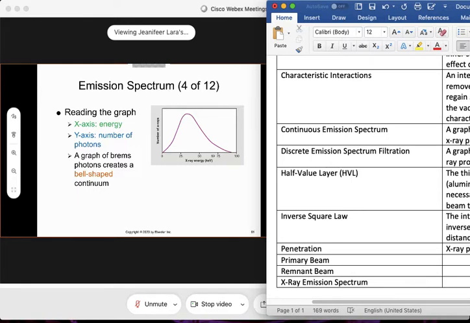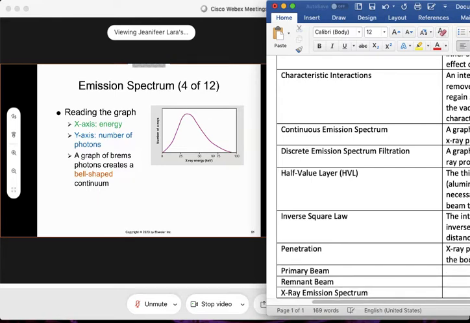What can we do as an operator to get our filament electrons to start characteristic cascading?